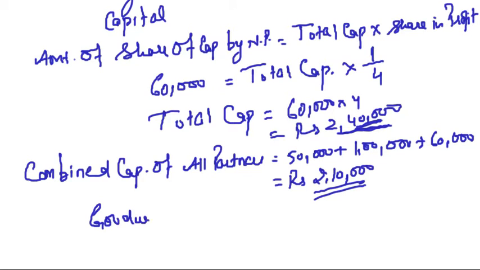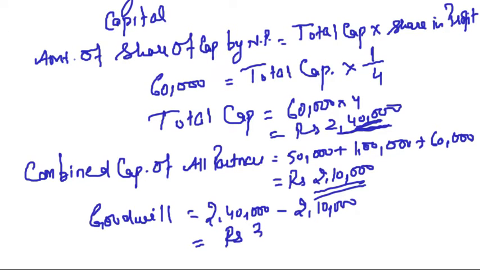So I can say goodwill is 2,40,000 minus 2,10,000. So this 30,000 is premium for goodwill. This is hidden goodwill. He brings 60,000 for 1/4 share capital. On the basis of that, we calculate the total capital of the firm.